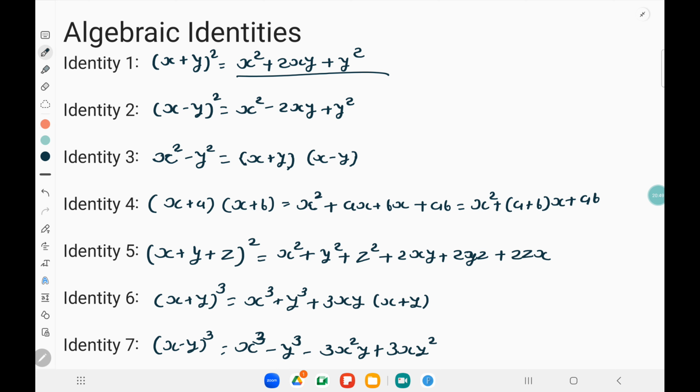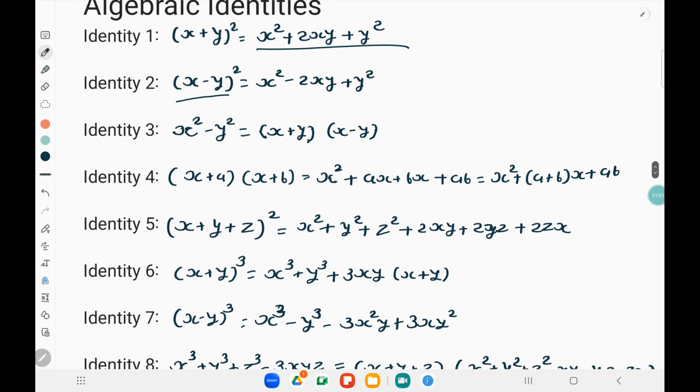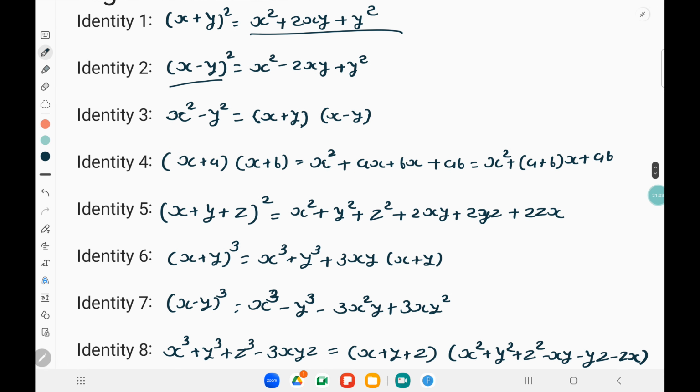We use it a lot, so I am sure you are familiar with that. Let's see the second identity, x minus y whole square is x square minus 2xy plus y square. How to derive that we also learned in a previous class. That's why I'm not going into detail.